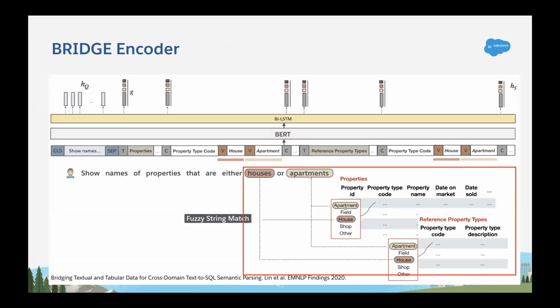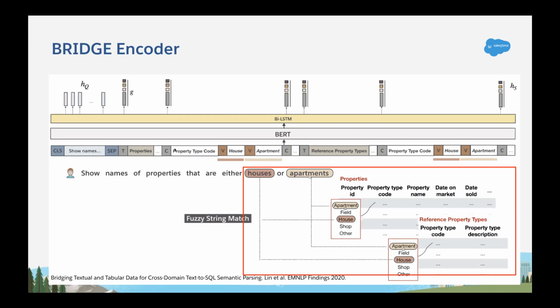First is in the encoder. For the Bridge encoder, the architecture is BERT, no change, just use BERT, even the parameters of BERT. We only made a small change on the input side. We add some tokens for values. What does a token for value mean? For the input sequence, first comes the natural question, then a SEP token, then the column tokens for the table.